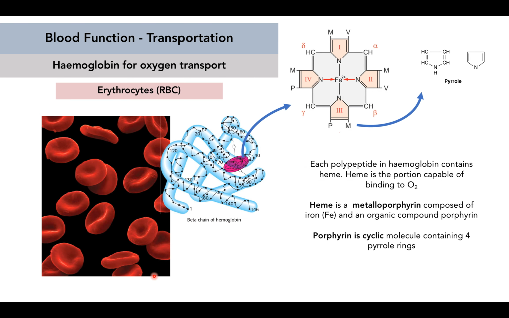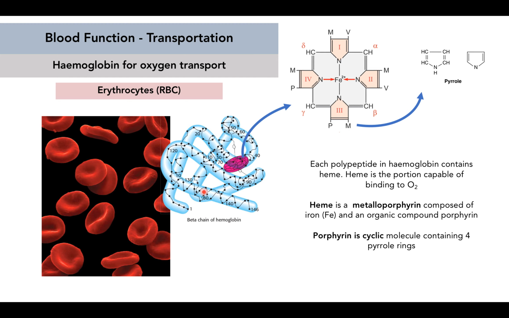Now, the second transportation function in blood is oxygen transport, and this is a very crucial task for the blood to perform, and it's performed specifically by the red blood cells, or erythrocytes. As we talked about before, each red blood cell is composed of hemoglobin, 250 million hemoglobin per red blood cell, and each hemoglobin can carry a heme group which contains the iron.